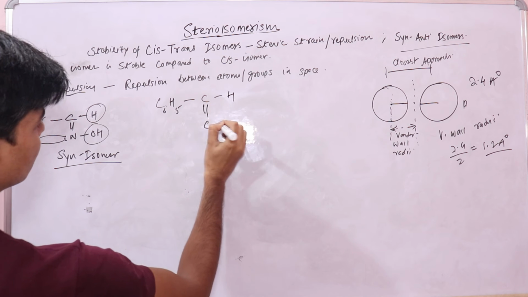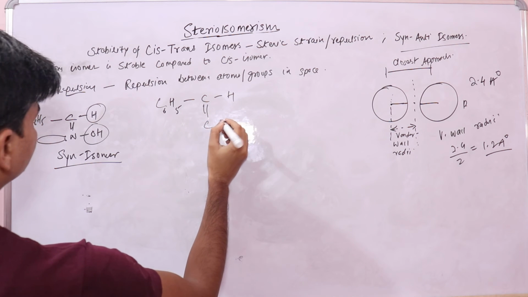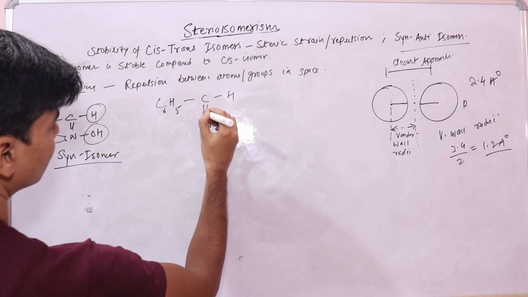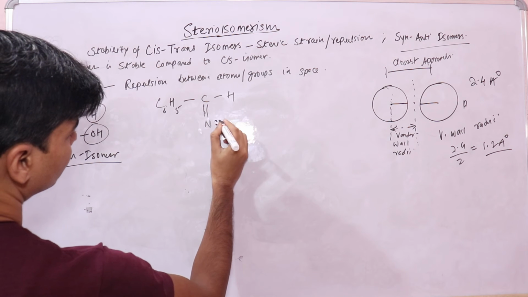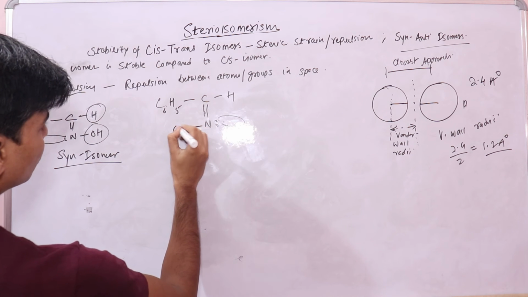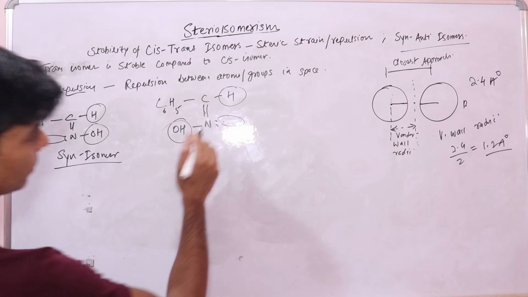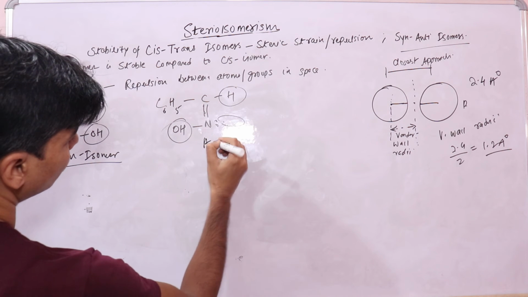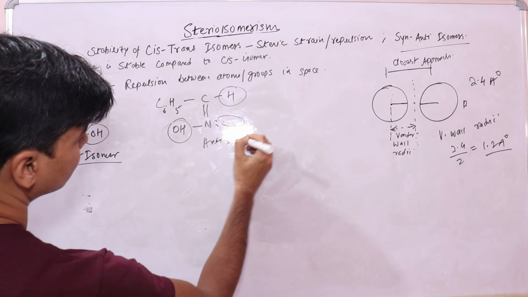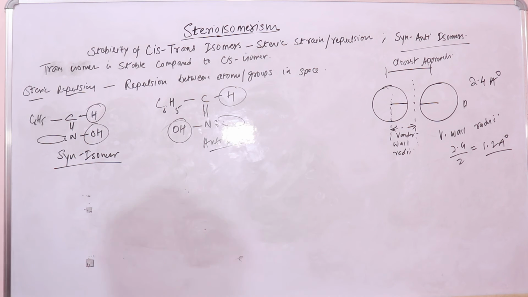Here you have, this is your nitrogen. Here you have OH and H on the opposite side of the carbon-nitrogen double bond. This is your anti isomer, right? So based on the position of hydrogen and hydroxyl in aldoximes and ketoximes, we have syn and anti isomers, right?